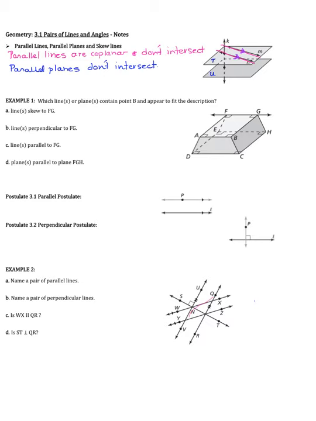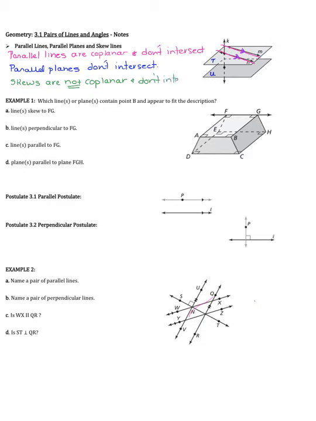Now we have sort of a new term. We have this term skew lines. Skew lines also don't intersect, just like parallel lines, but the distinction is skew lines are not coplanar. So it's impossible to draw a plane that would pass through both of them. So they're not coplanar and they don't intersect.